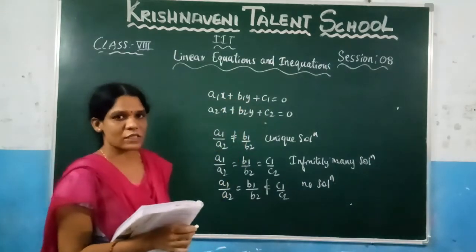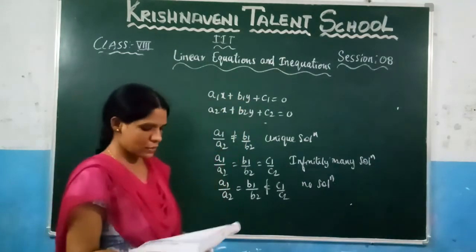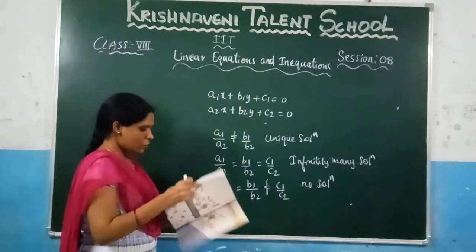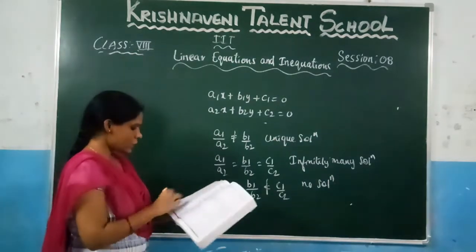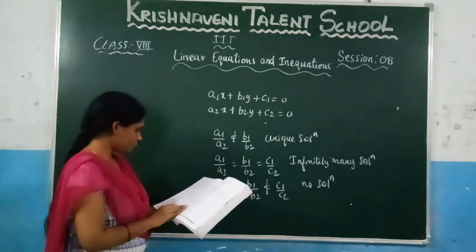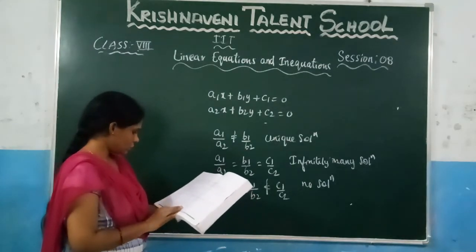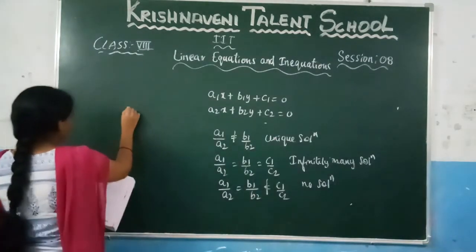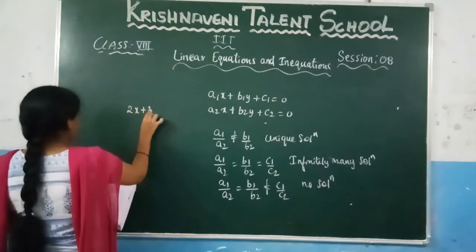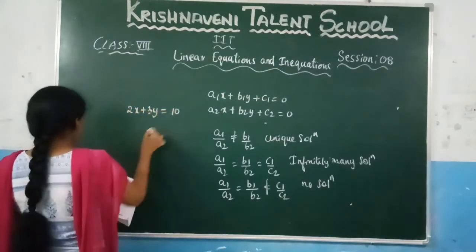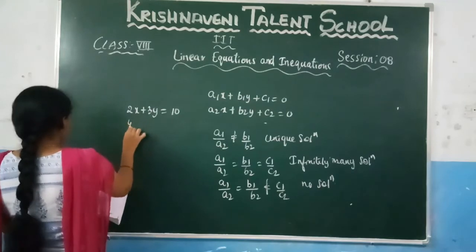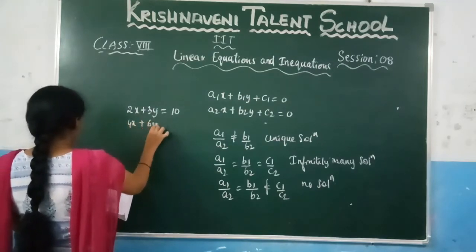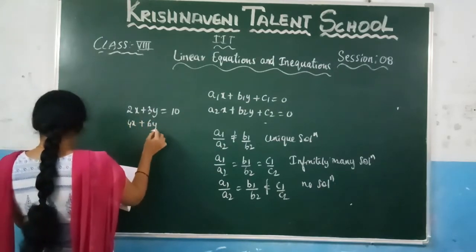Now let us solve this with the help of an example. What is the example they have given? 2x plus 3y is equal to 10 and 4x plus 6y is equal to 20.